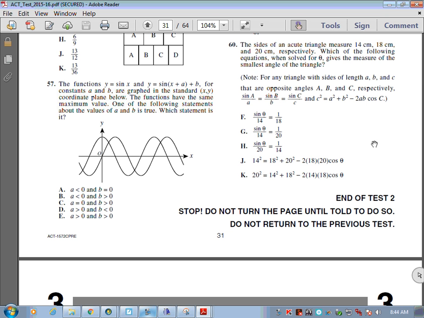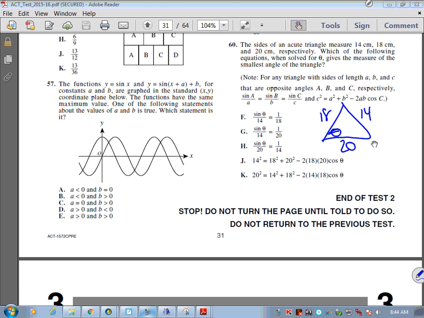So what I did is I drew it, where I had 14, 18, and 20. Which of the following equations when solved for theta gives the measure of the smallest angle of the triangle? So I'd end up putting theta right there, because it's going to be opposite the smallest angle. And that actually uses law of cosines.